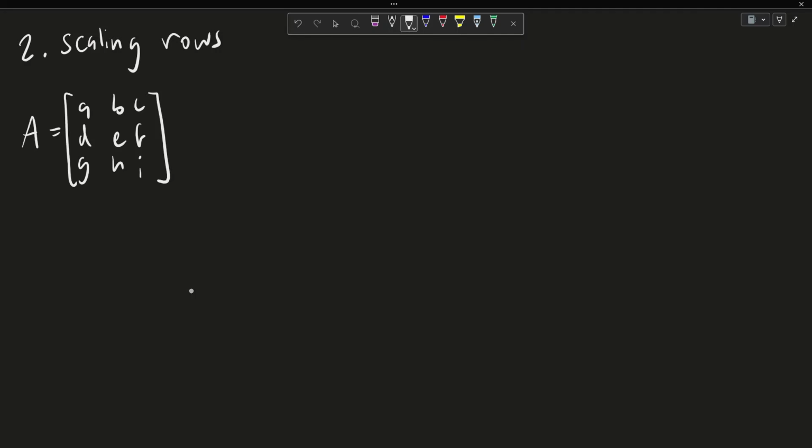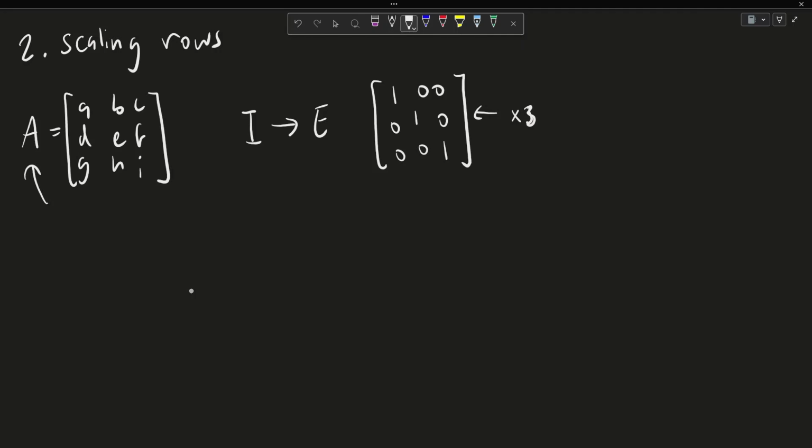So as you might have guessed, if we take the identity matrix and attempt to transform it, what we'd find is that we have 1, 1, 1. And in order to take the second row and multiply it by 3, in terms of A, we simply do that transformation on the identity matrix. And so this whole matrix gets turned into 1, 3, 1.